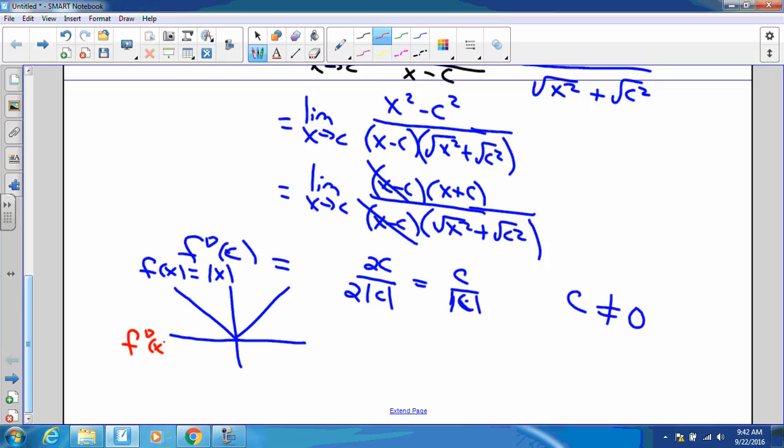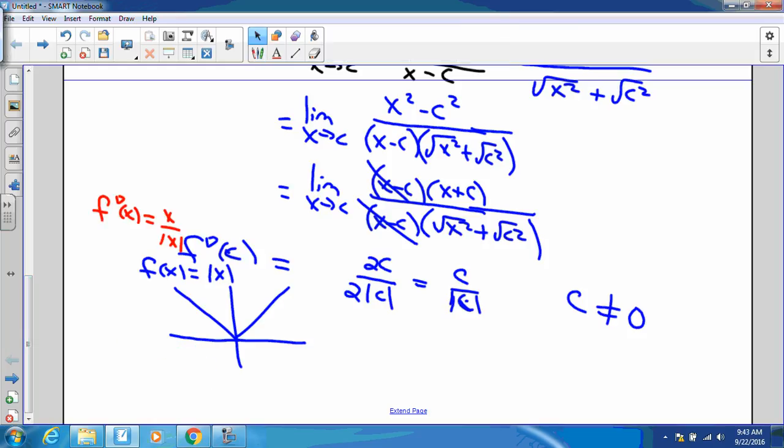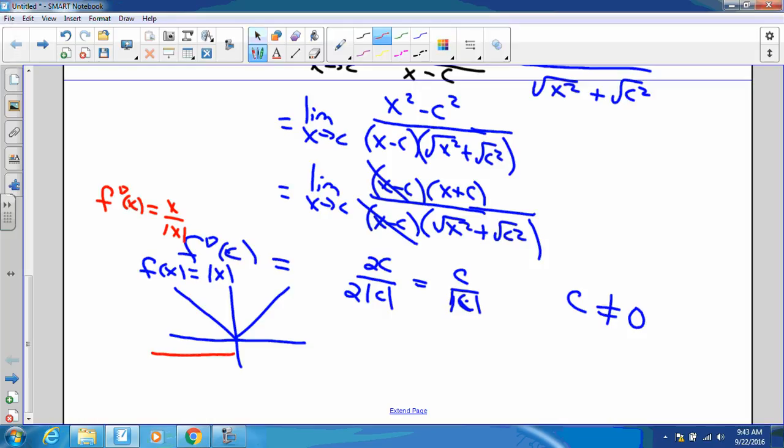When I look at the derivative, f prime of x equals x over the absolute value of x, then I can see that the derivative is going to be -1 for all x's less than 0, and it's going to be equal to +1 for all x's greater than 0, corresponding to a slope of -1 here and a slope of +1 right here.